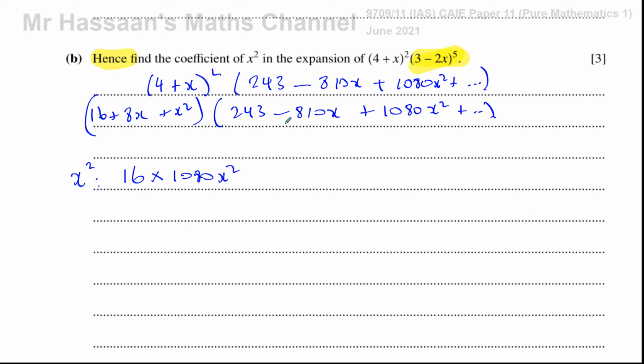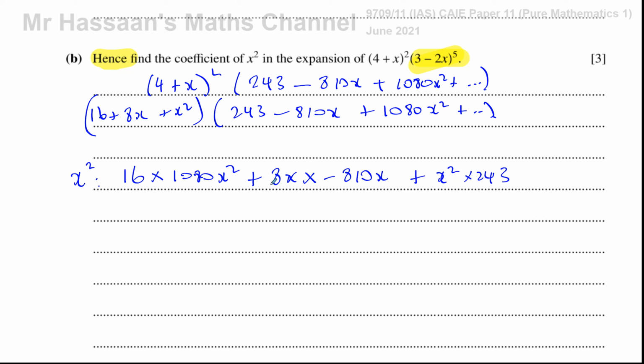So I'll say plus 8x multiplied by minus 810x. That's also going to give me an x squared term. And when I do x squared times 243, that will also give me an x squared term. No other terms multiplied will give me x squared terms, right? Even if I continue this on, there'll be x cubed terms and x to the power 4, whatever. So these are the only terms multiplied together that will give us x squared terms.